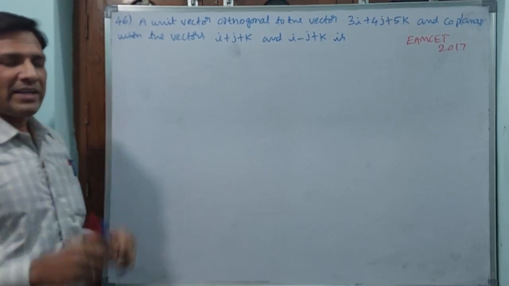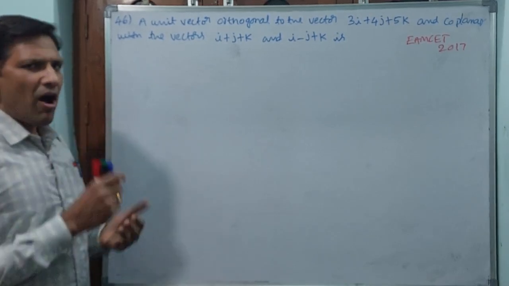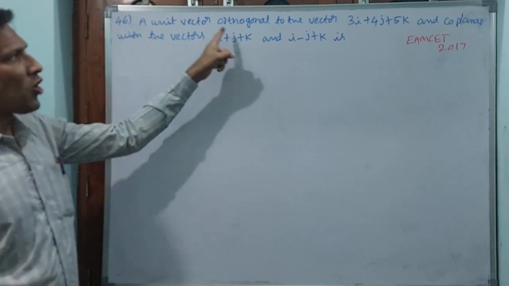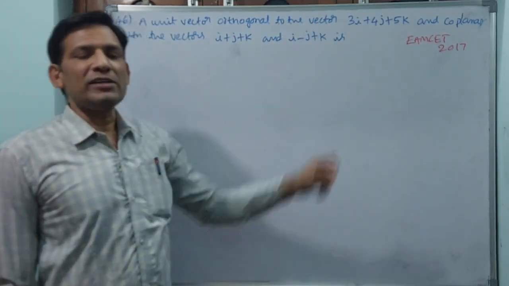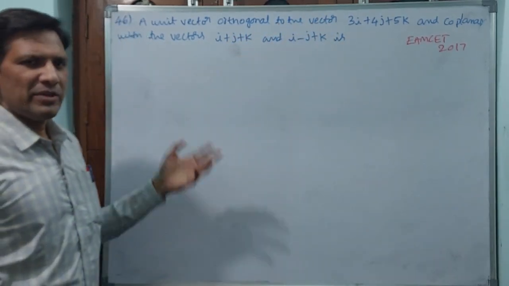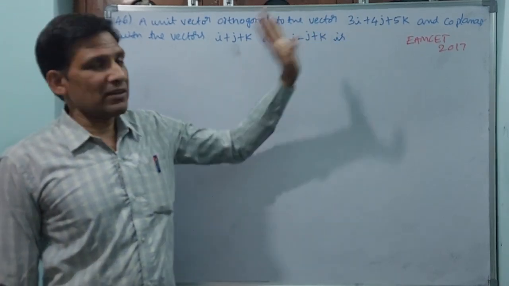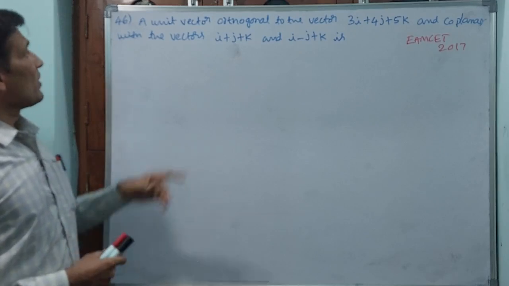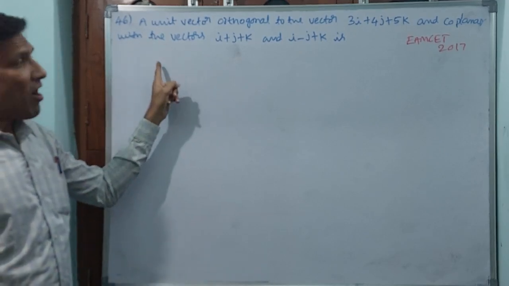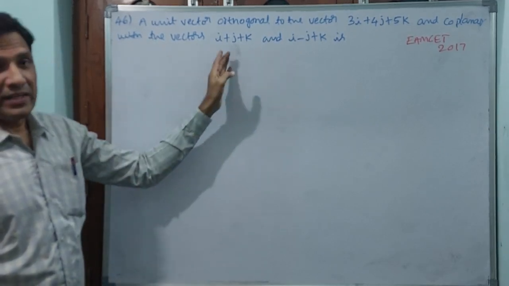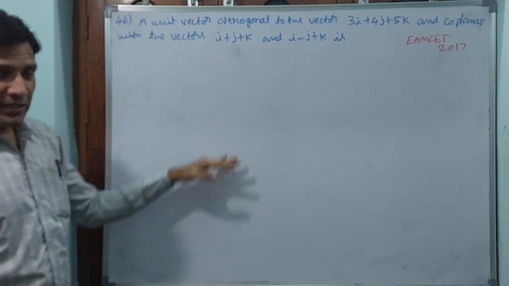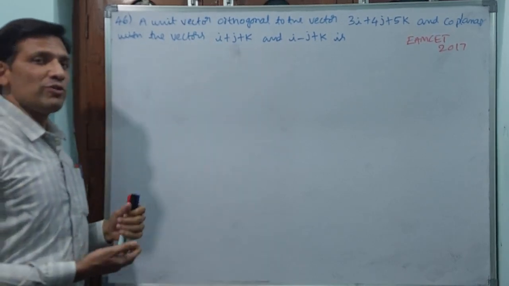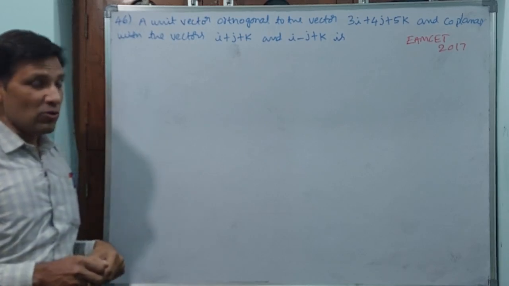One vector is there, let us take that vector as R. That vector is orthogonal to this vector. Orthogonality means perpendicular, so R and this vector are perpendicular. Another thing, that vector R is coplanar with these two vectors. That means if you make the determinant of that vector and these two vectors, the determinant is equal to 0.